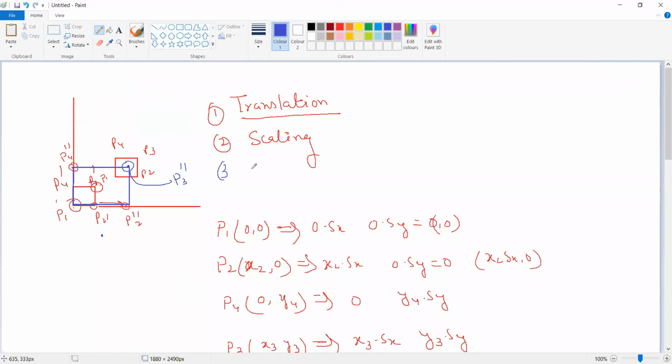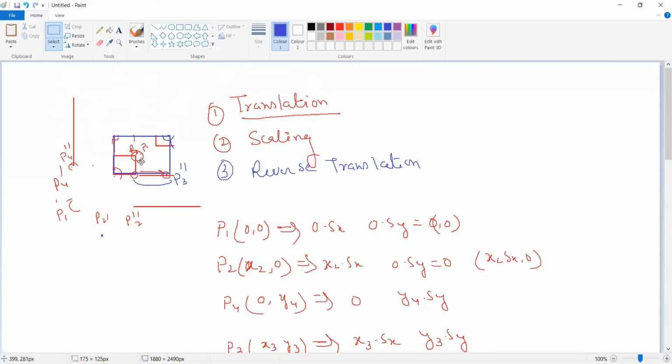If you perform the reverse translation, that means you take this object and shift it somewhere like here.